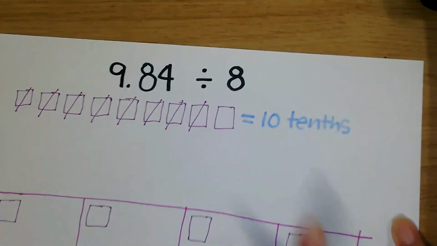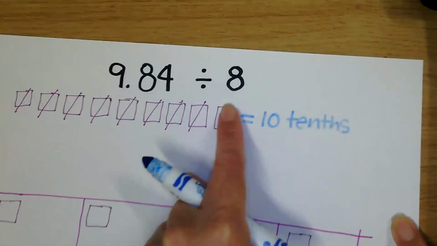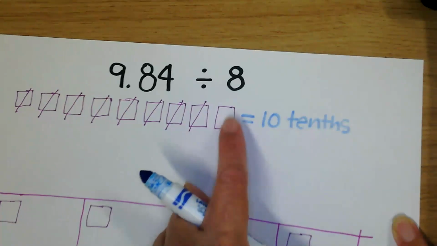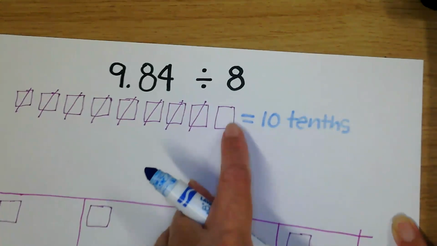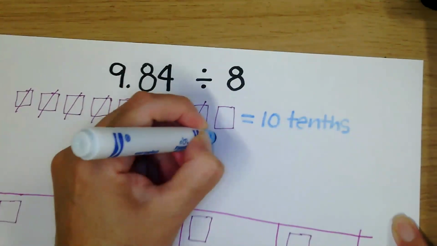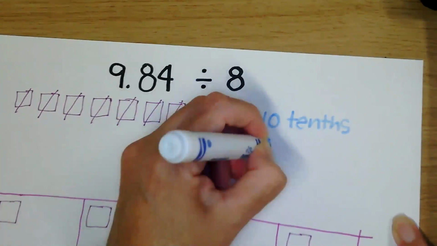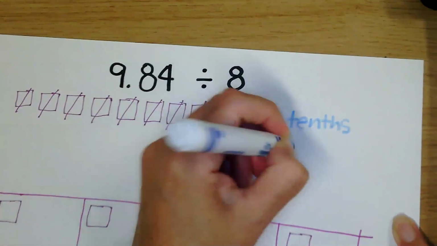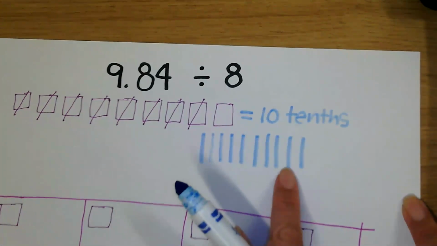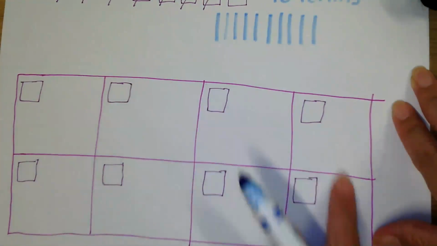Remember, we're talking about tenths because if we are fractioning this whole, now we're talking about decimals. So we are going to fraction it into 10 tenths. Now we can divide 10 tenths among 8 groups, correct?